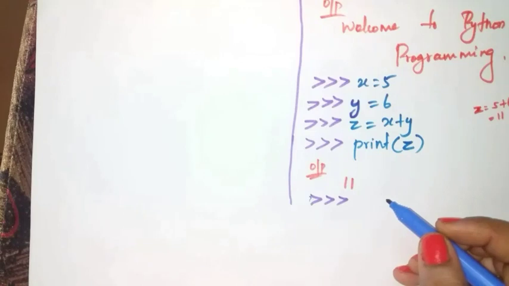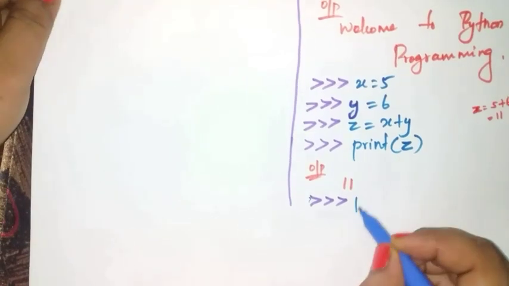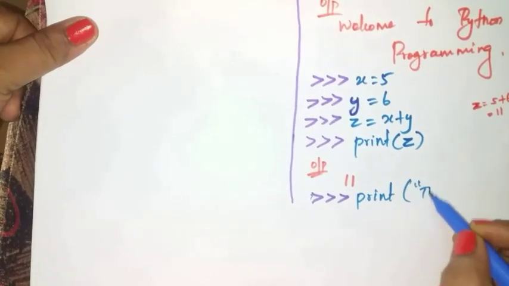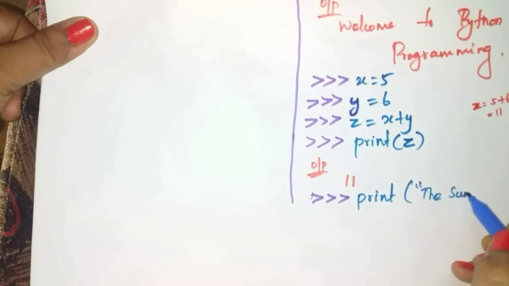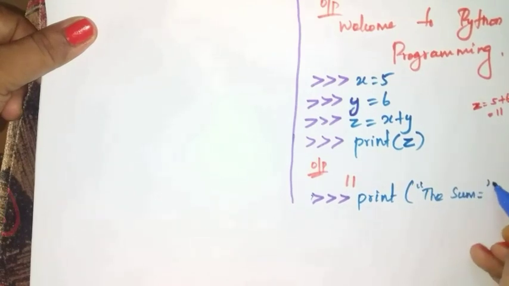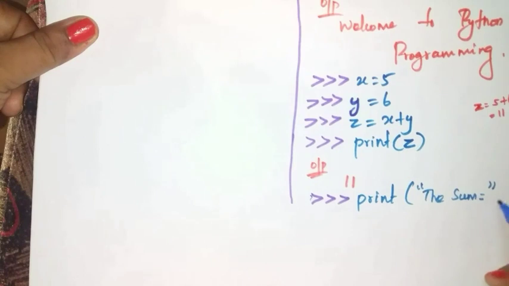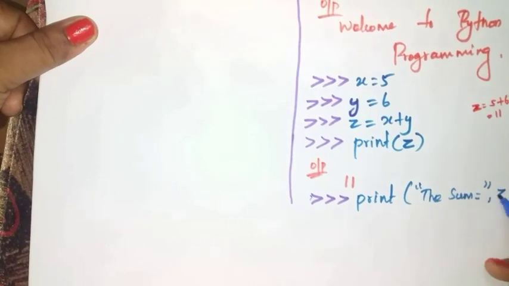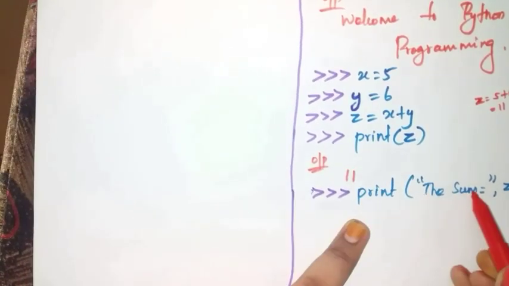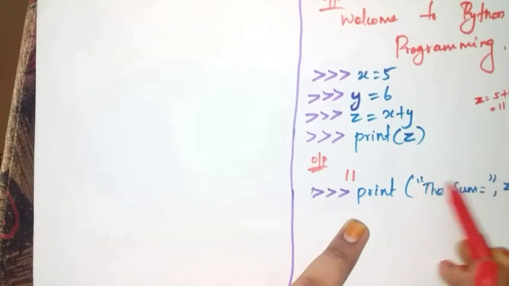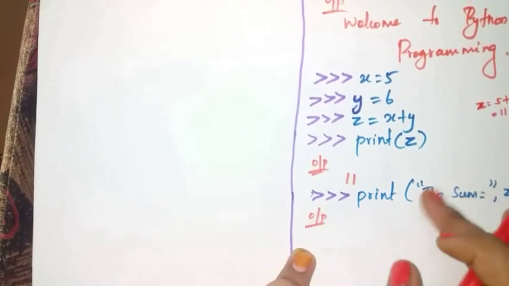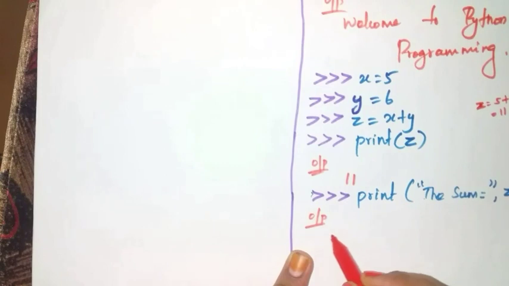If you want to print the sum equal to, close the double quotes and then comma z. The sum is equal to, double quotes is given, so you will get this whole message in the output screen.